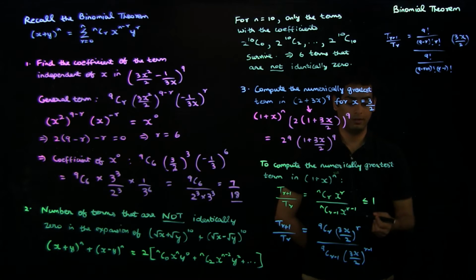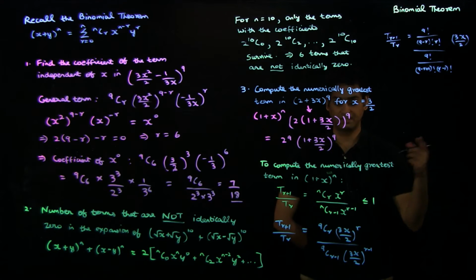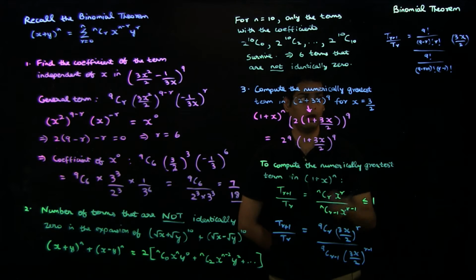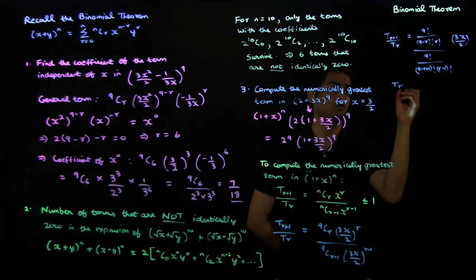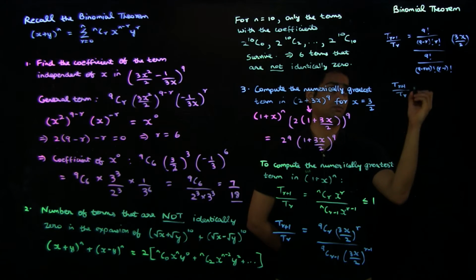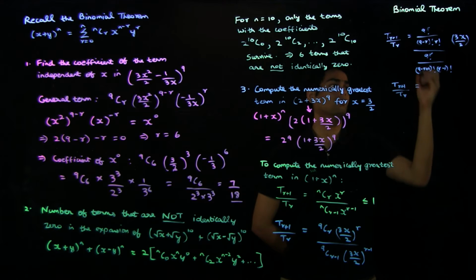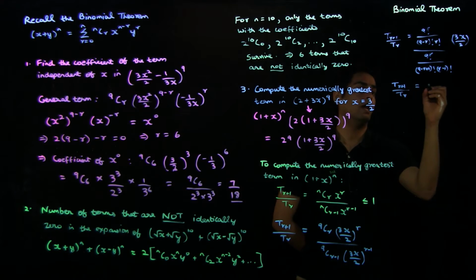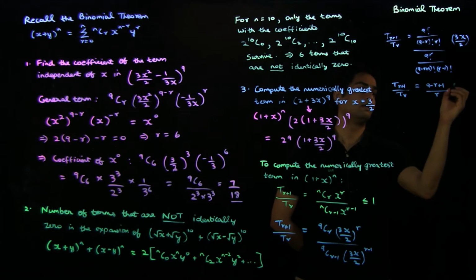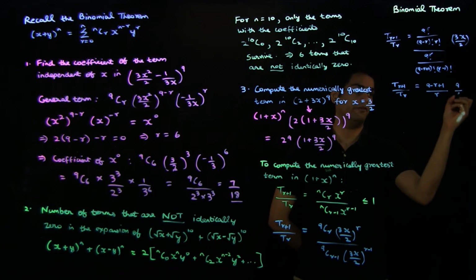So you can plug in x is 3 by 2 as well, and you have T(r plus 1) by T(r) upon simplification to give you (9 minus r plus 1) divided by r times 9 by 4.